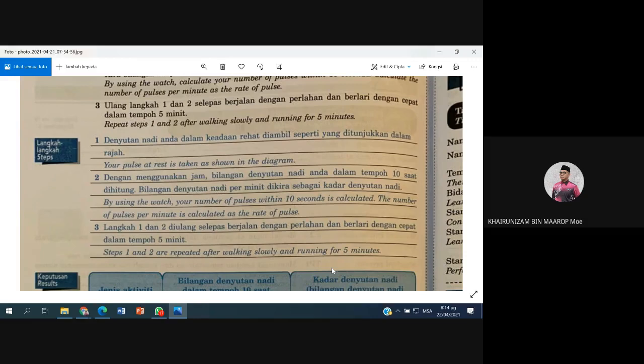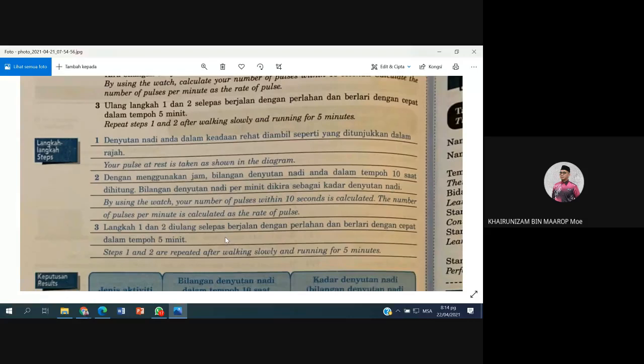Then the number of pulses per minute is calculated as the pulse rate.